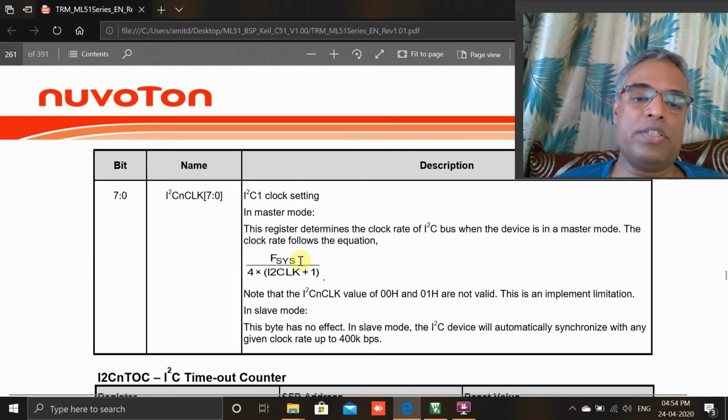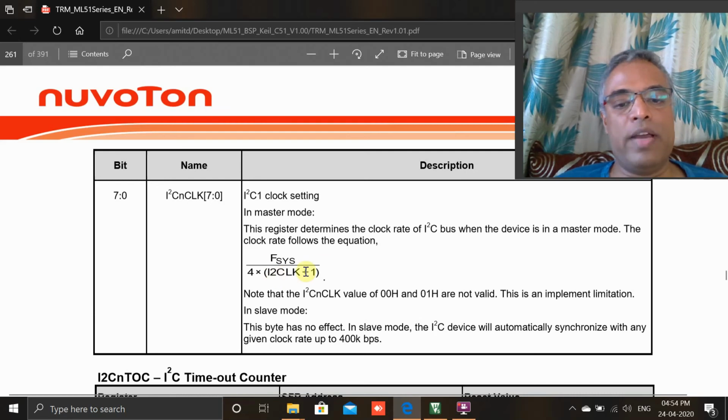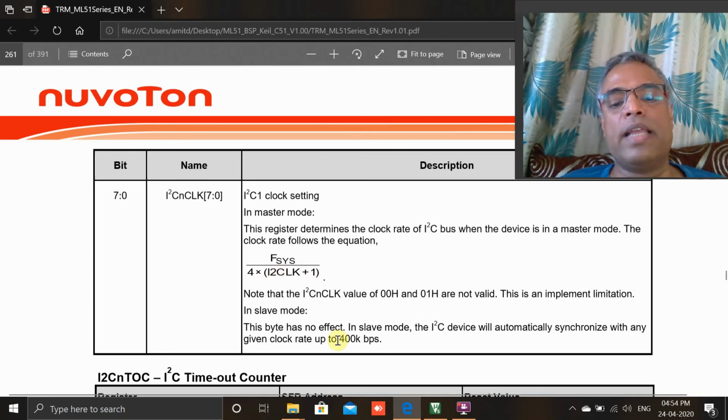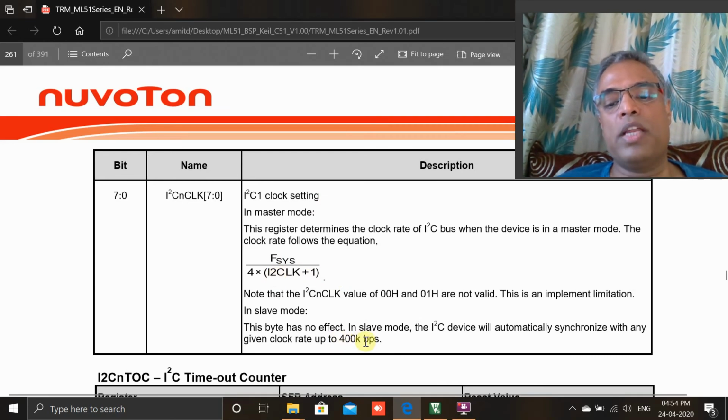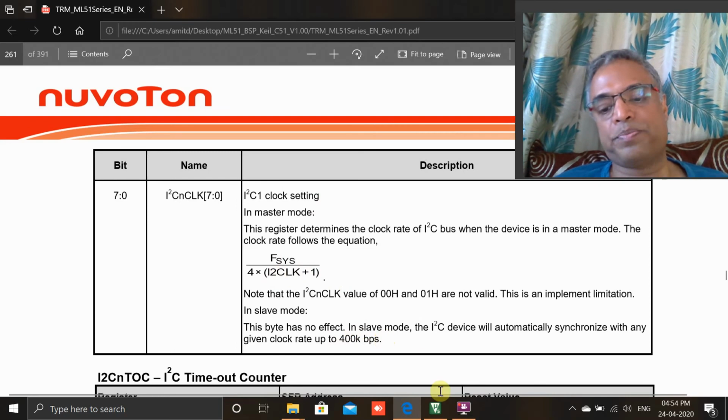It is fsys divided by 4 times the value in this register plus 1. Like they say here, it can go up to 400 kbps, which is good.